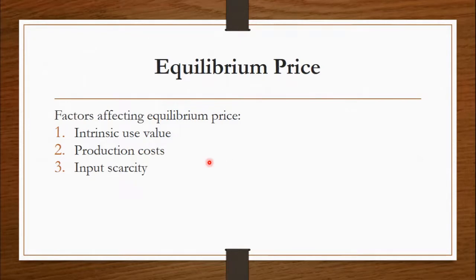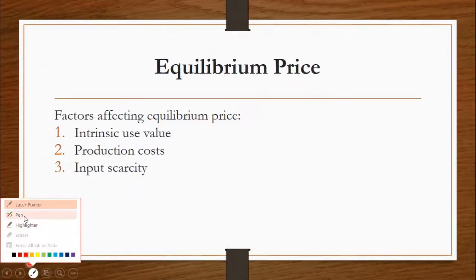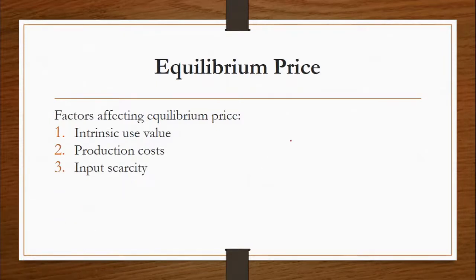Now, if you can remember, the point where your demand and supply meets is your equilibrium point, right? So your equilibrium point indicates your equilibrium price and your equilibrium quantity. If you can remember, let's try to draw a graph here.